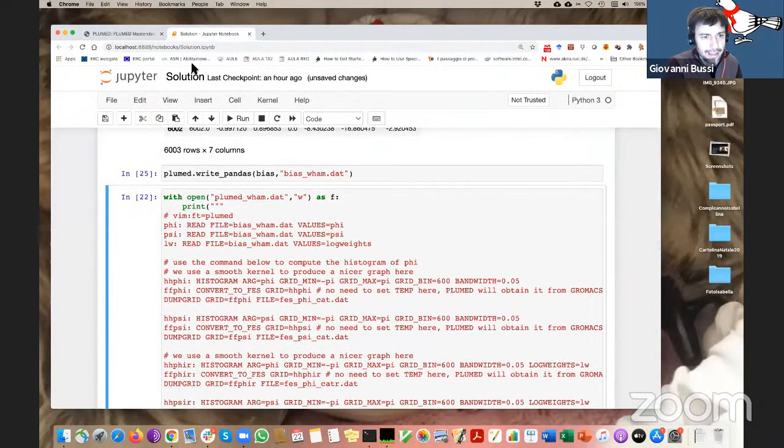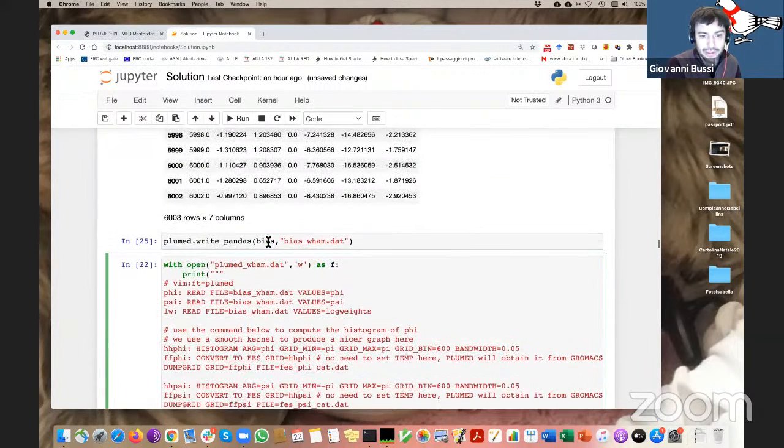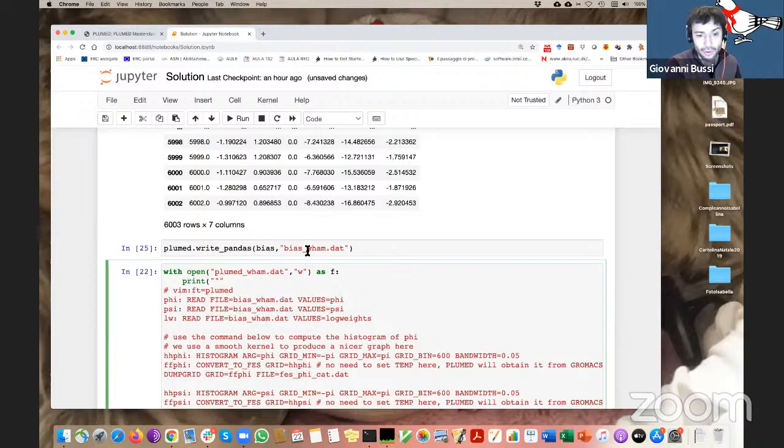Okay, great. Then I have to produce a new input file to read it. So now this file contains also the logarithm of the weights, and I can analyze it in the same way as I think you were analyzing trajectories with Gareth.